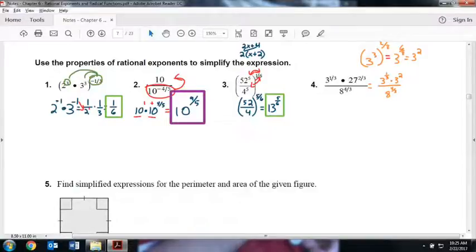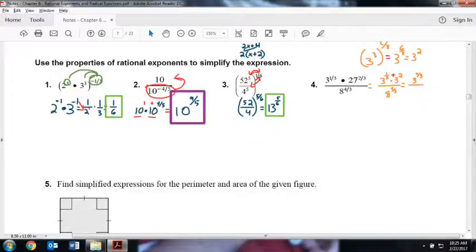That's the first thing I did. And the reason I did it is so I could get the same base on top. Now I'm going to do 2 things at once. Since we have the same base on top, I can add those exponents. Remember, same base means we can add the exponents. So 1/3 plus 2 is 7/3. Don't believe me? Break out your calculator.